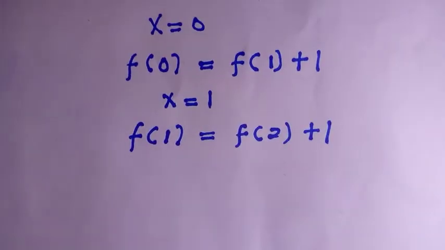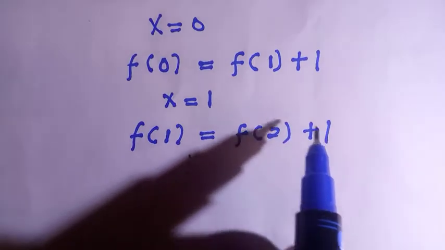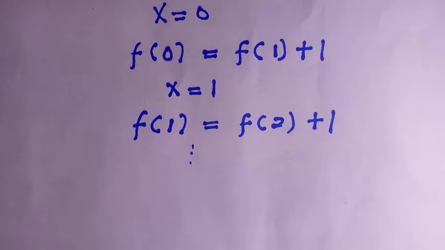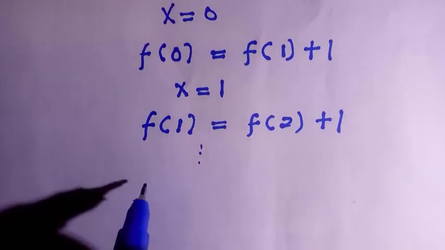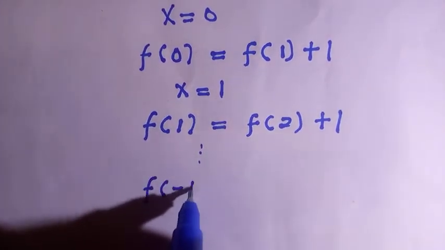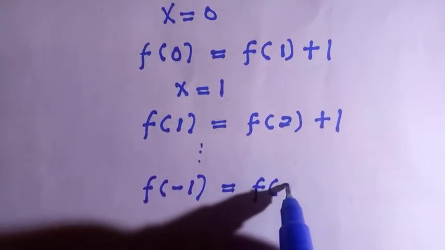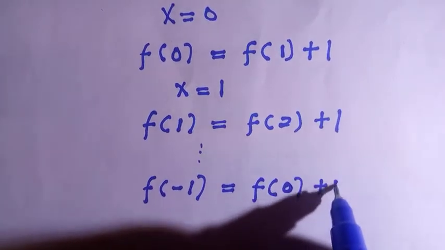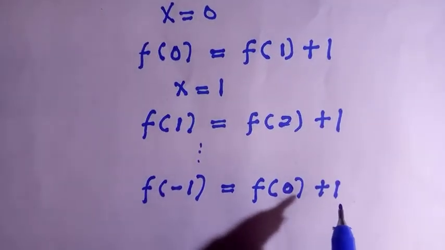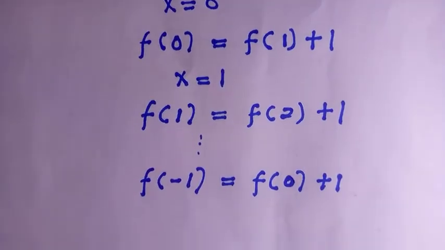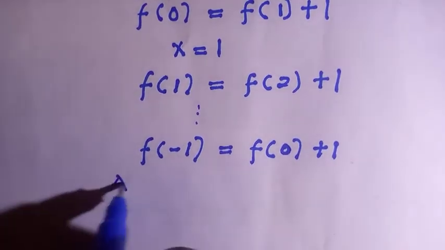And this is how this number will keep increasing as many times as we test for the positive real numbers. And since 1 here is a constant value, we can still check for the negative one. By checking this, here becomes f of 0 plus 1. You must have observed something here: for the positive real numbers, the other side keeps increasing, while for the negative, the other side keeps decreasing.